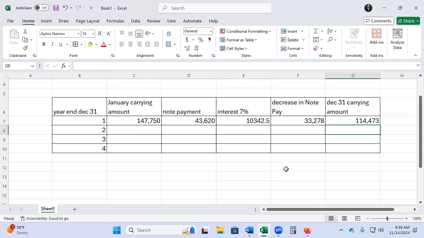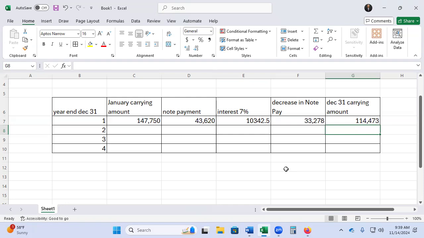This is kind of how your car loan works, except you usually make monthly payments on it. You can see that we start out with a larger balance. Our note payment stays the same throughout, and more of our payment goes to the actual principal, while the interest decreases as the principal decreases.